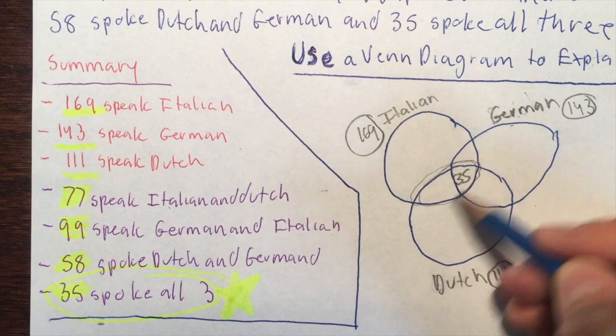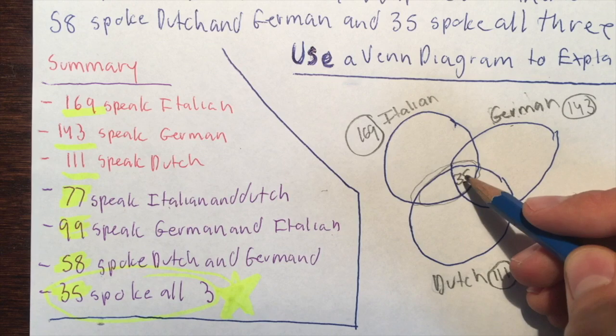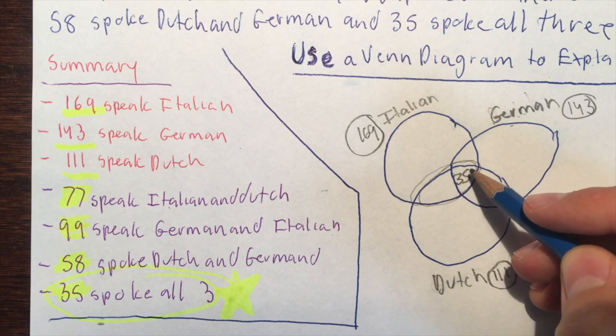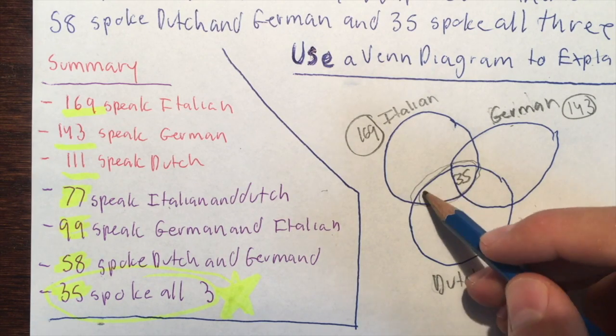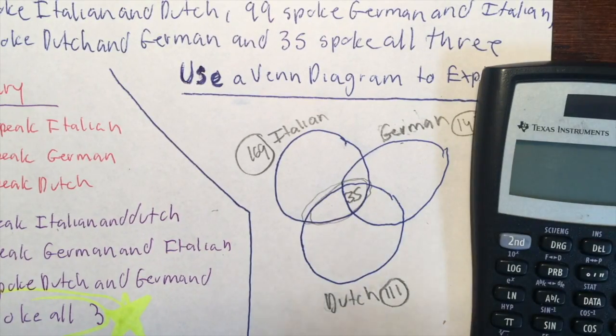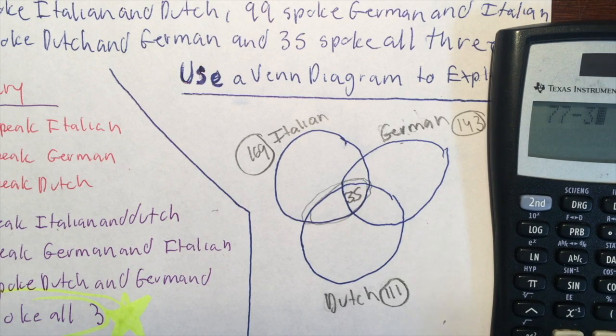We know that everything inside here has to equal 77. Since we already know that there's 35 here for those that spoke all three, we have to find a difference that equals 77. I'm going to grab my calculator here: 77 minus 35, that's 42.